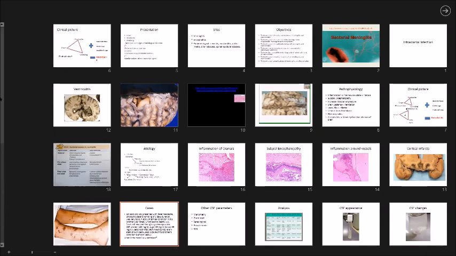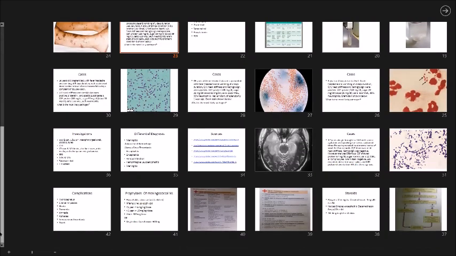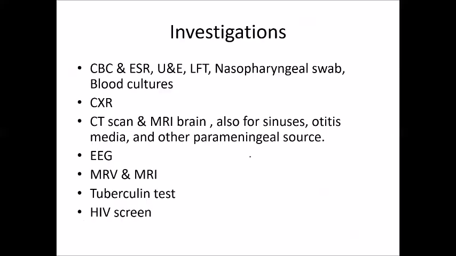So now what's the workup for a patient who's coming with meningitis? Of course, anyone who comes with meningitis, you will do the ABC for him, and you will take a medical history and physical examination.